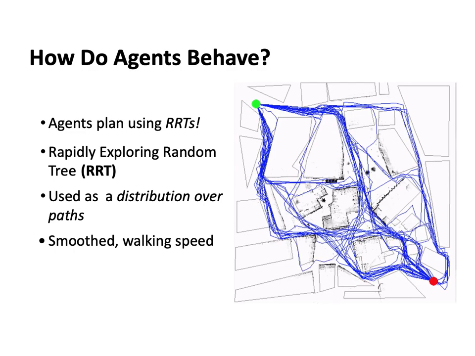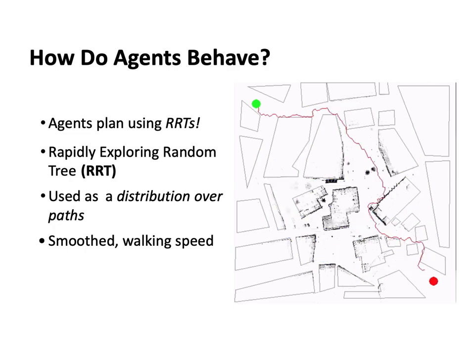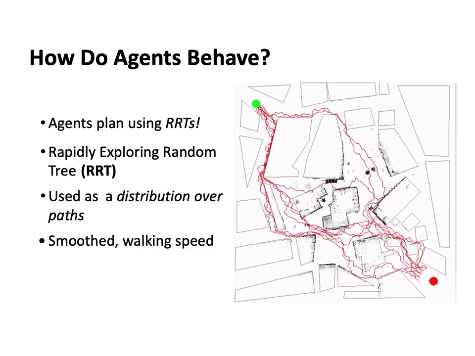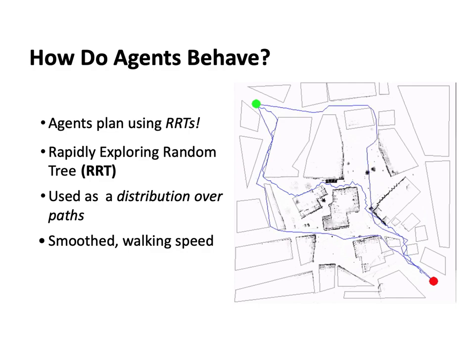Another path that can be produced may instead travel around the city. And since the RRT provides random paths between these 2 points, it naturally becomes a distribution over paths, which is neat because then we can later smooth out the noisy paths produced and control walking speeds for time step simulations.